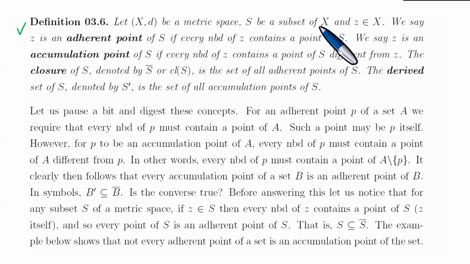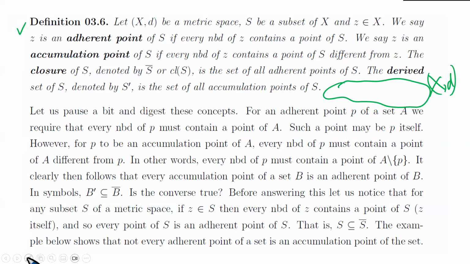Okay, we are still here. Let's look at this definition quickly. If (X, d) is our metric space, or largest possible universal set, and S is a subset of X, so this is our metric space (X, d), and then we form S as a subset of this.